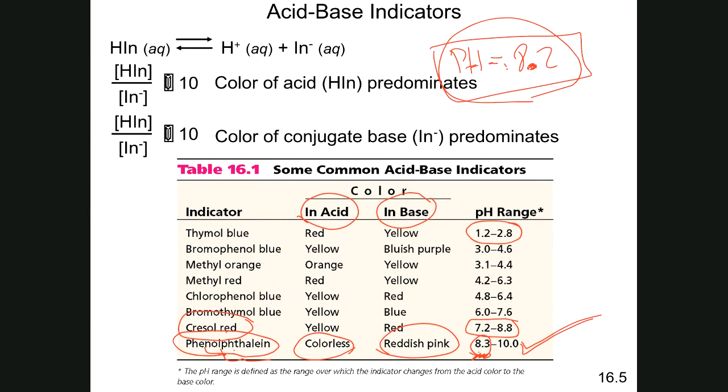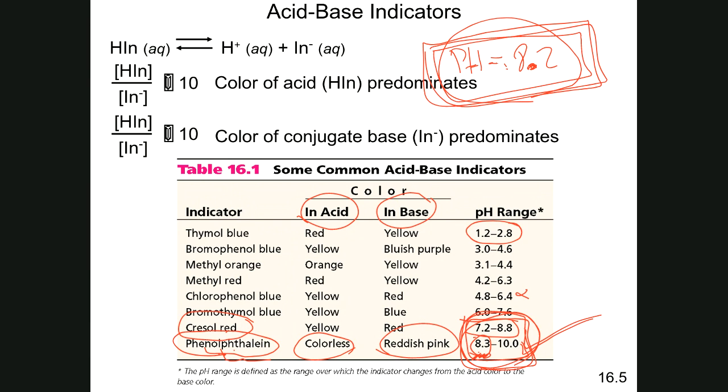A proper choice of indicator is one where the range for color change is very close to the pH at the equivalence point. So if the pH at the equivalence point is 8.2, the color change must include that value. You cannot have a color change way before the end point of the reaction.